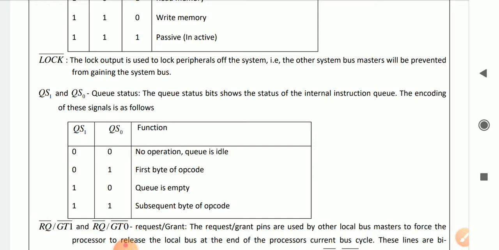The opcode size may be 1, 2 or 3 bytes. 10 shows that the queue is empty, no instruction is stored in the queue at all. 11 means subsequent byte of the opcode, meaning the current byte coming to the queue will be executed.